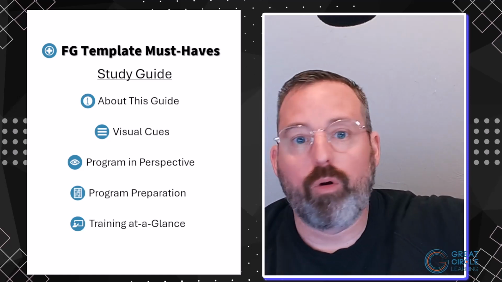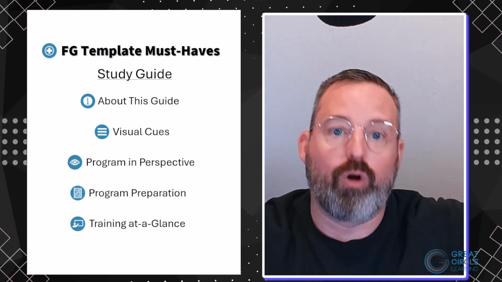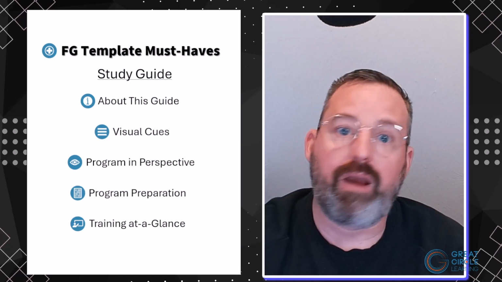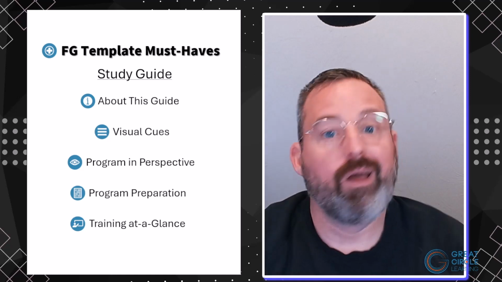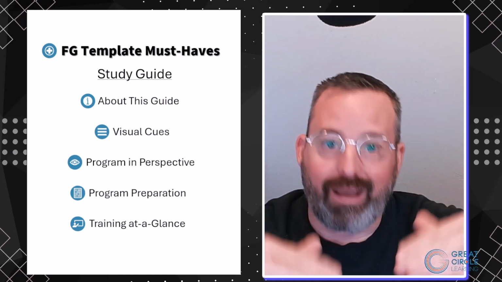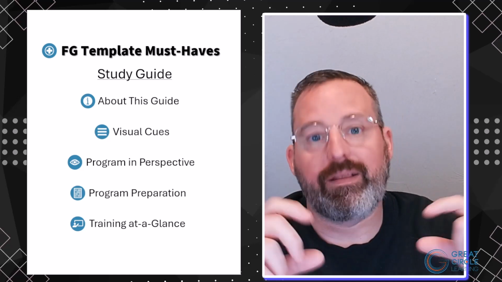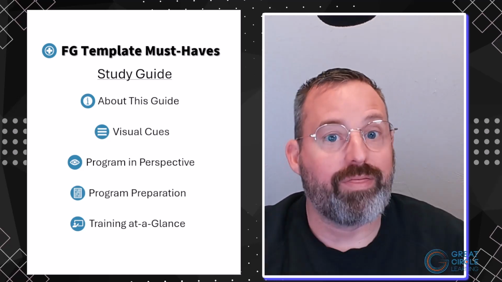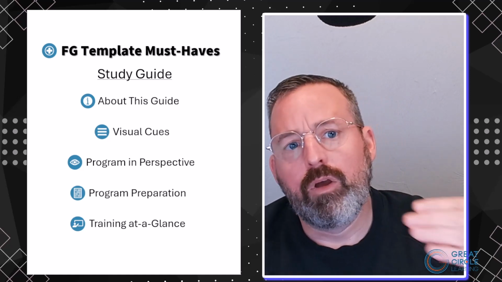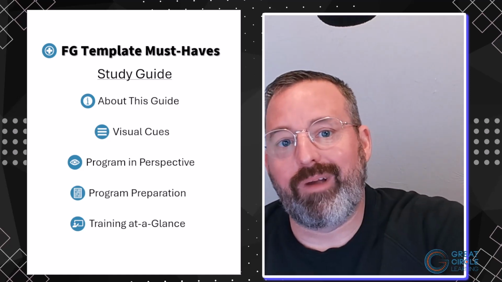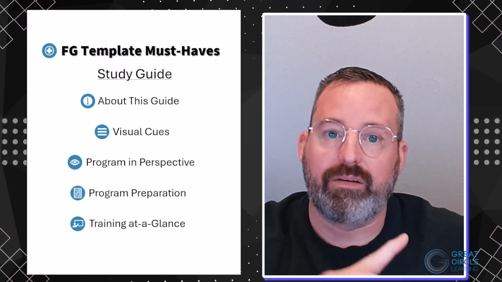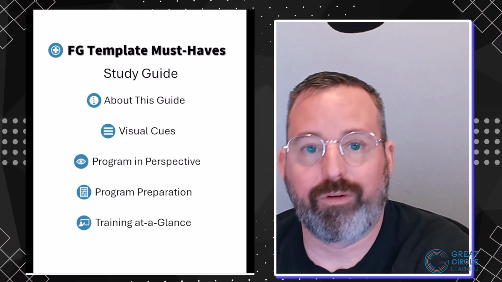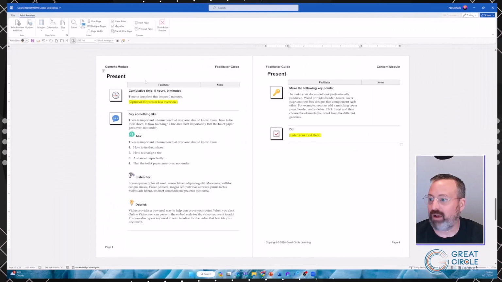What's the program's perspective, the high-level scope of what's happening in the training? What do we need to have prepared to successfully lead this training? How do we show the training at a glance? This is the breakdown of all the modules, and what's happening with their timing. So keeping these in mind, we'll flip back to this slide in just a moment, but let's jump over and look at this in an actual guidebook.